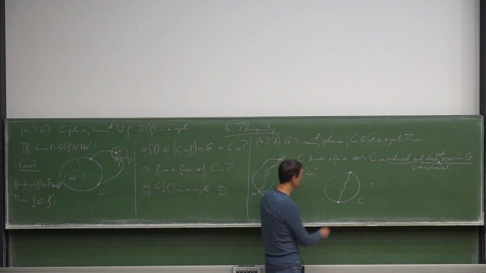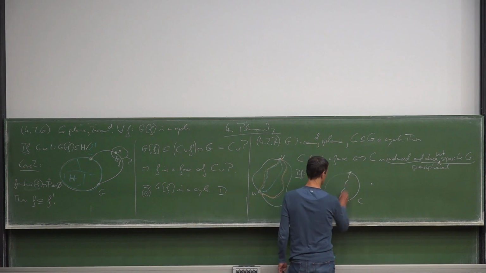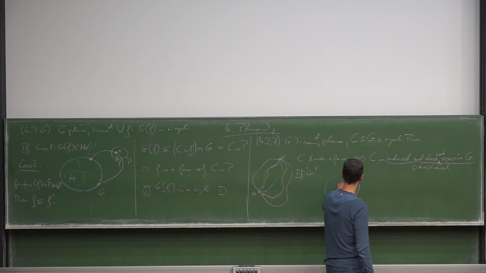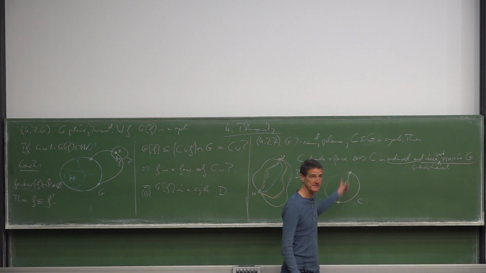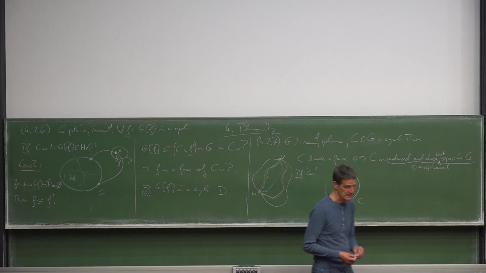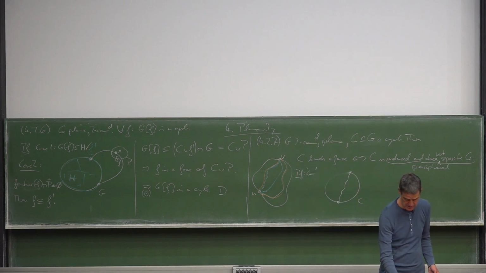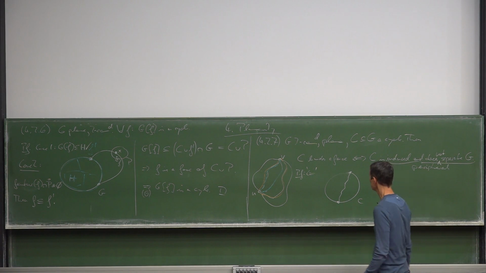So we have a plane edge connecting two such vertices. So we have shown that C is not induced. Right? There is an edge. Okay. Now, the other direction.